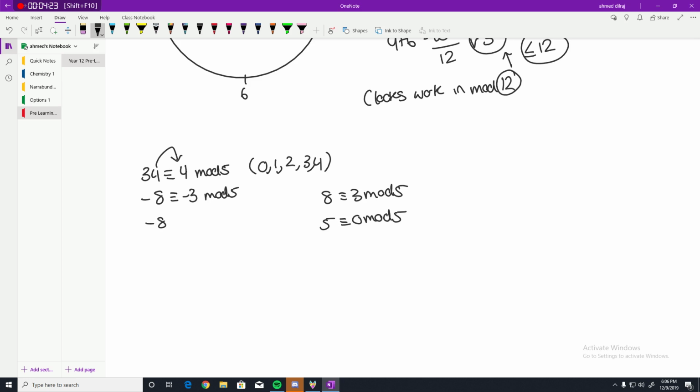So I'm going to add 5. And why can I add 5? Because this is congruent to 0 in mod 5, so I can add 5 on one side without changing anything. And so over here we get minus 8 is congruent to 2 mod 5.